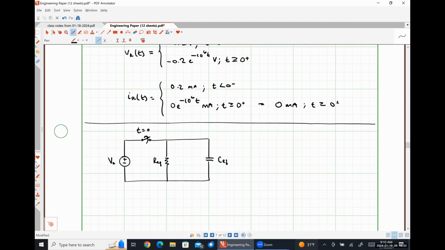And this is the voltage drop across my capacitor. This will be the voltage drop across my resistor.